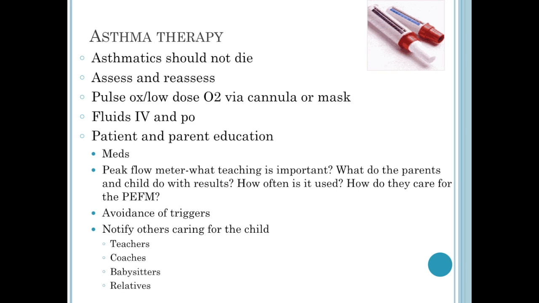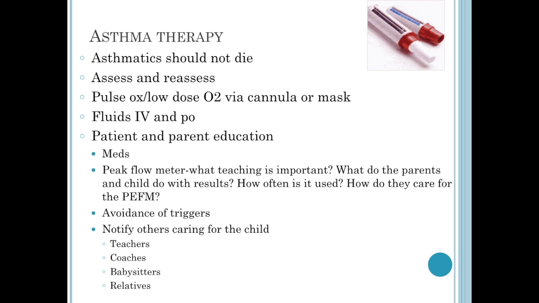But usually these kids have a medication list. This is what I take every day. This is what I take when my peak flow gets into the yellow zone. And when I'm in the red zone, I not only take my rescue meds, but I also need to make sure I either go to the emergency room or I go to the doctor's office so I can be seen.